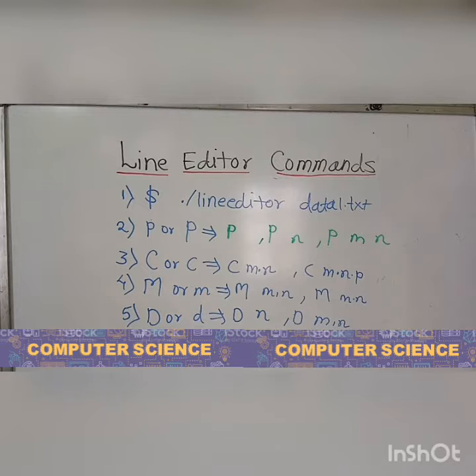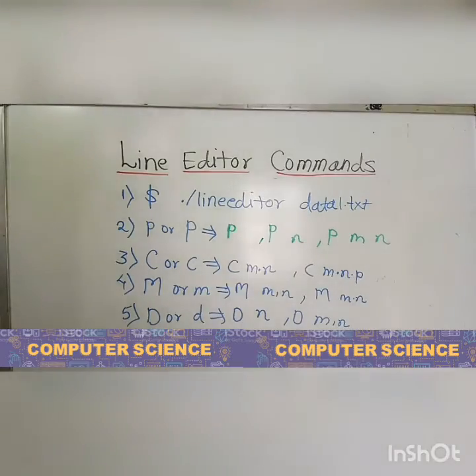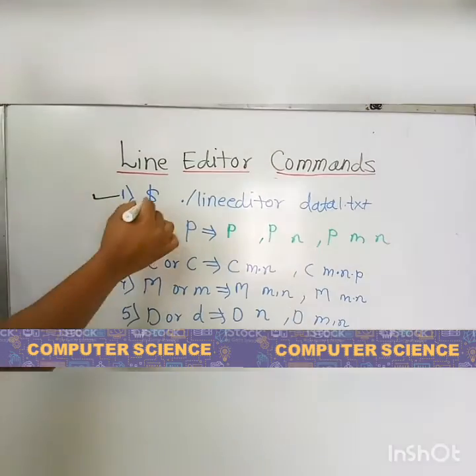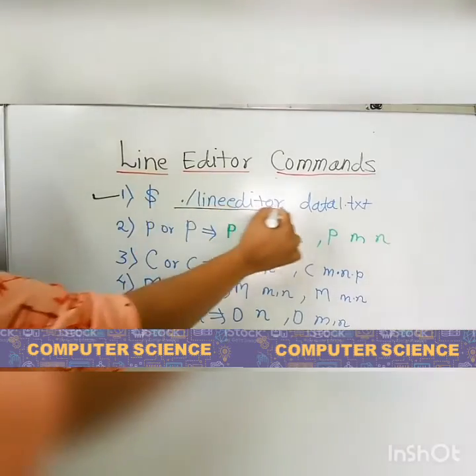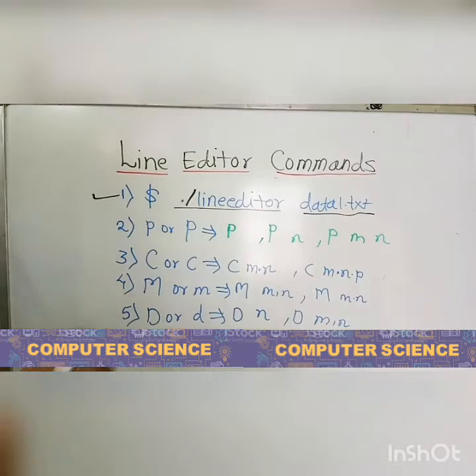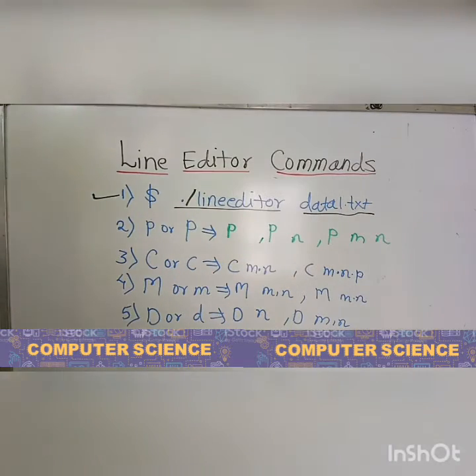These are the editors used for editing files, and this displays the prompt and keeps waiting for user commands. For example, here the dollar sign is a prompt, and next is the command, dot backslash line editor data1.txt. This is a simple command for a demo.